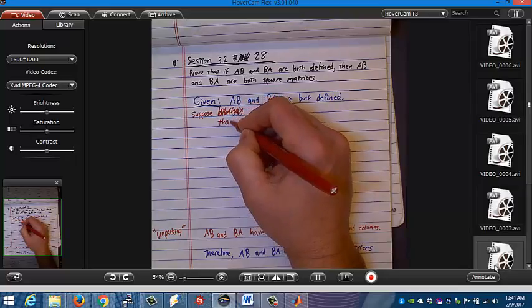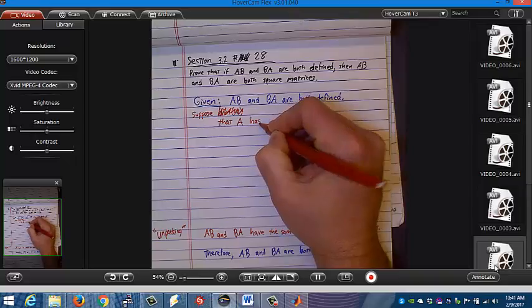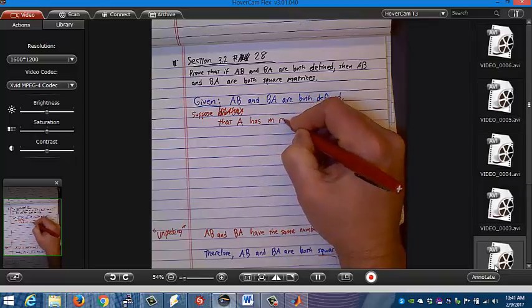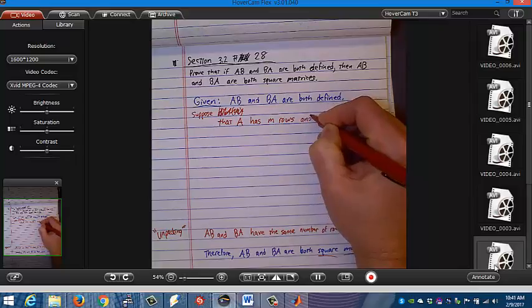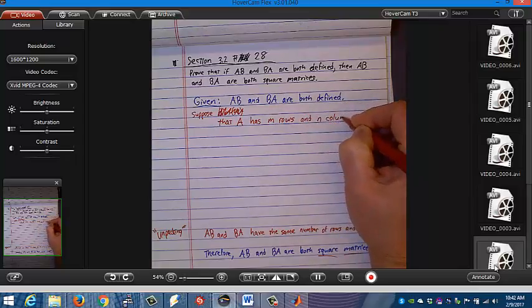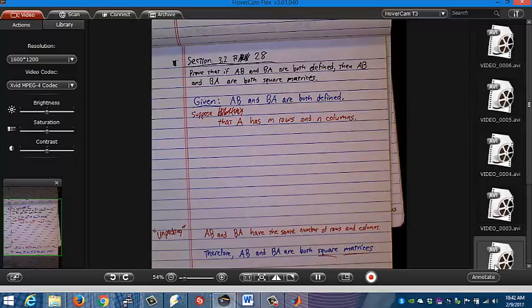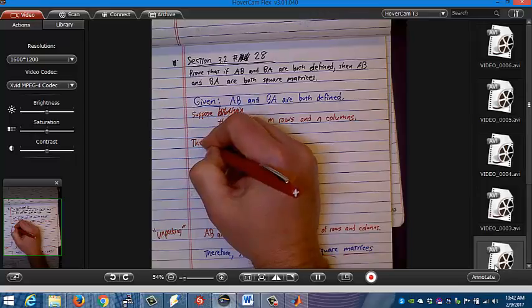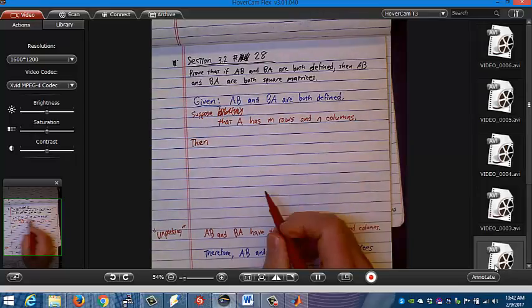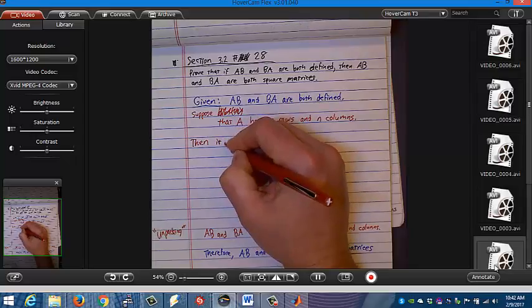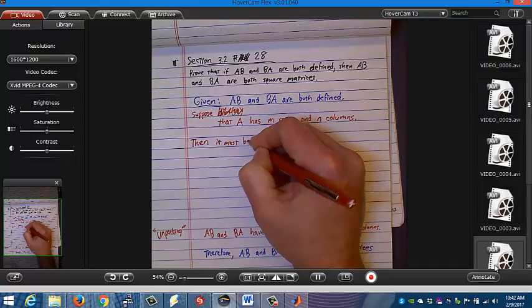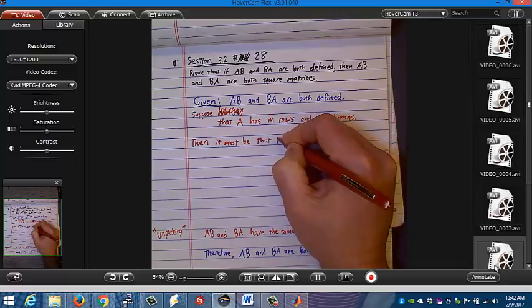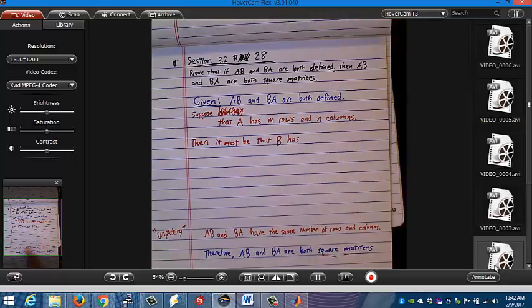Suppose that A has, we usually use the letter M rows, right? And N columns, right? Then because AB is defined, it must be that B has what? For AB to be defined, let's look at it carefully, right?